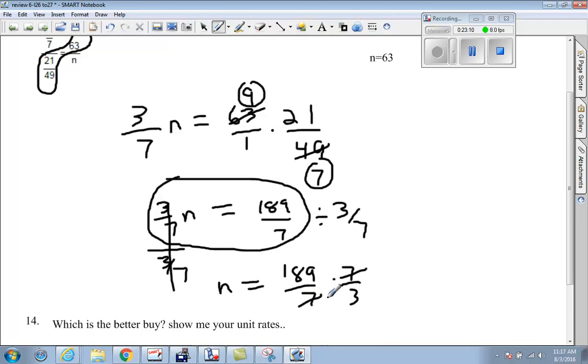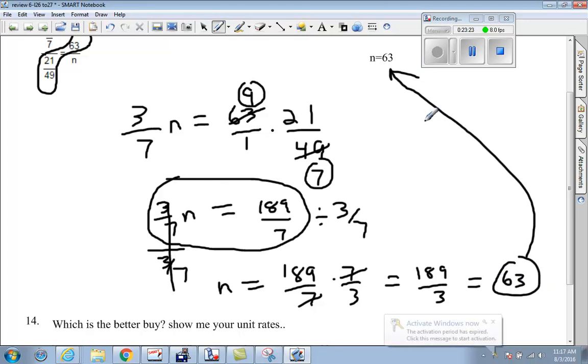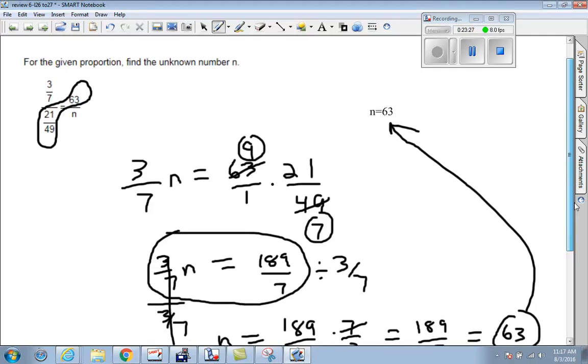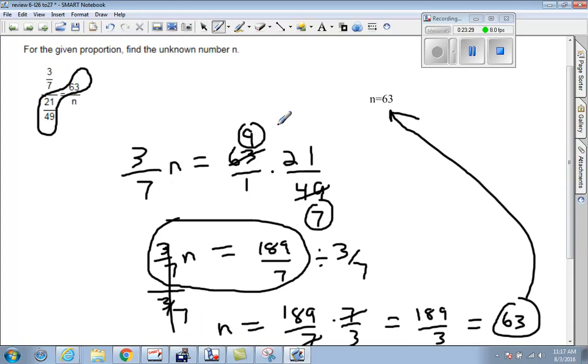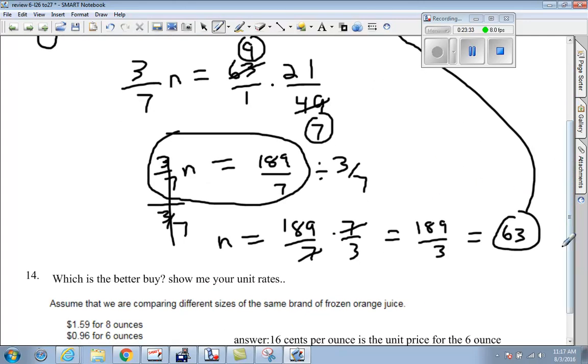And you get that nice cross cancellation, and you get 189 over 3, but that obviously reduces to 63. And voila, we got the answer. Okay. So even though there's fractions in the proportion, don't let that scare you. Still solve it the way you always do.